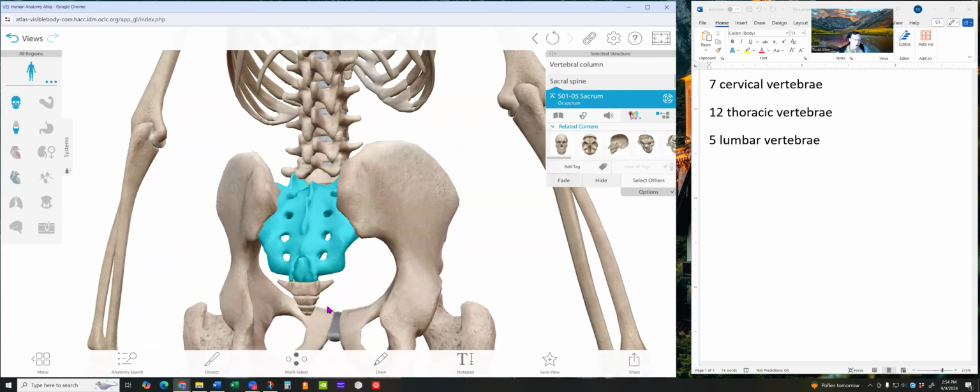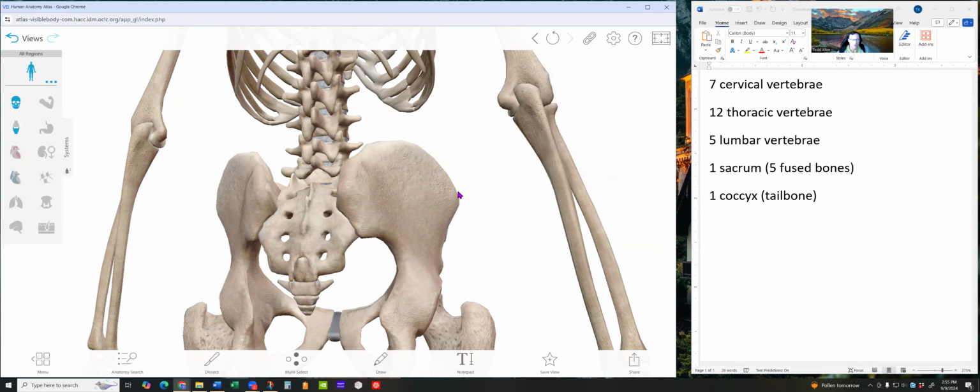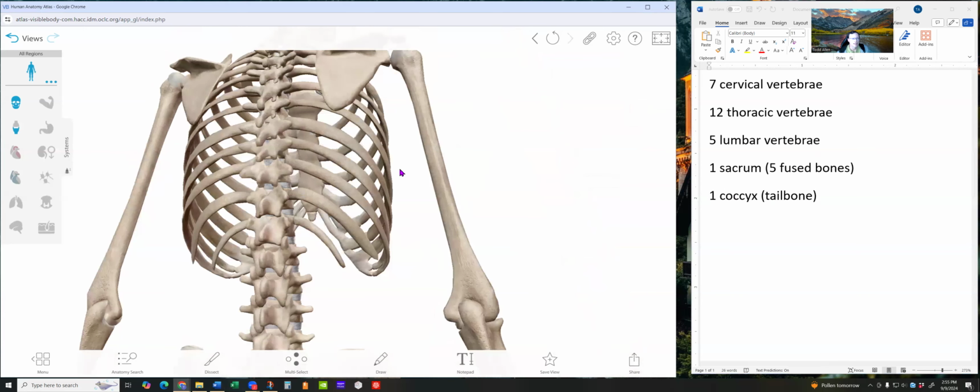And you know that your tailbone is the coccyx. So we have one sacrum, 5 fused bones, and one coccyx or tailbone. Hopefully there's no mystery on that.